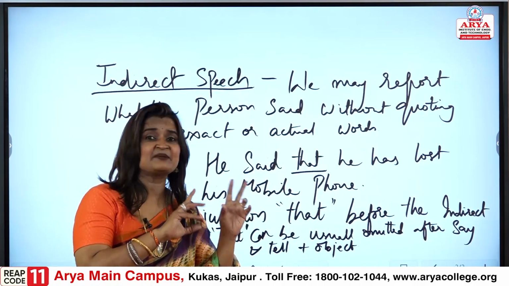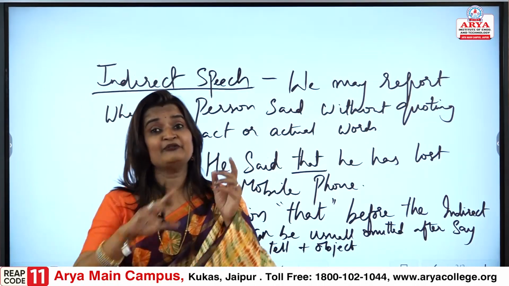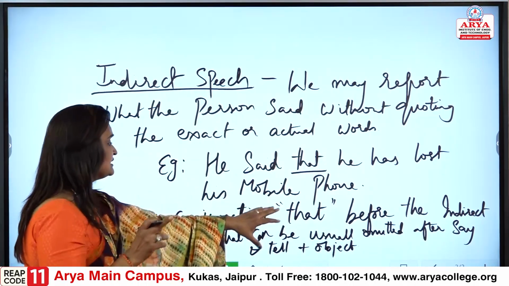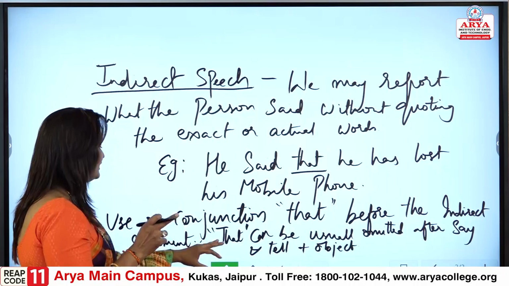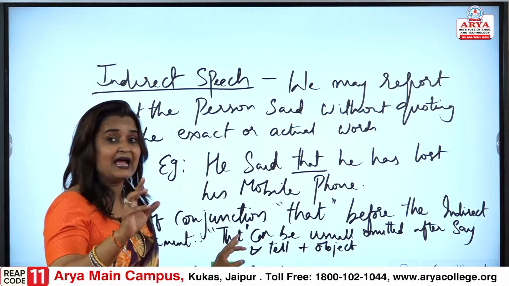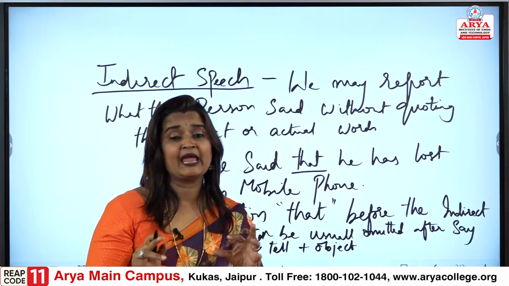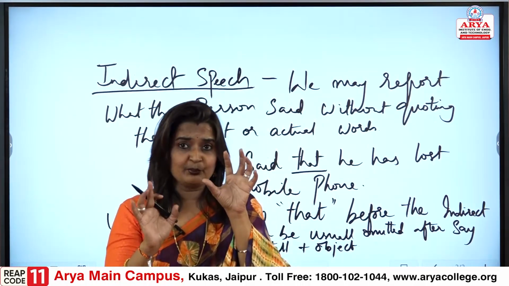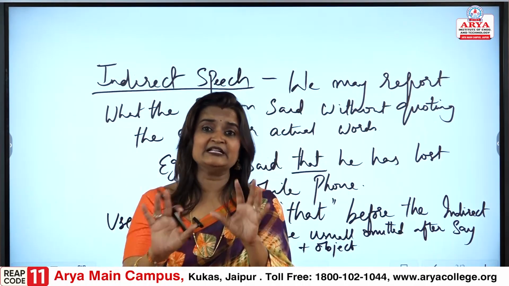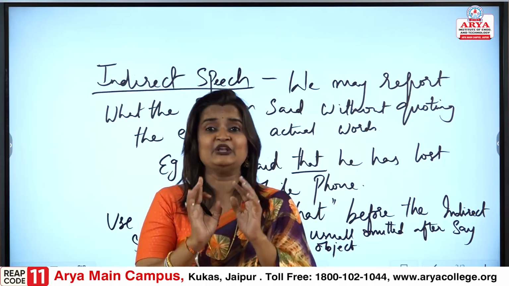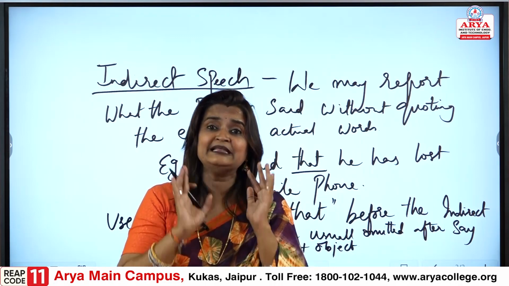In the direct statement we were not using "that", but for the indirect statement we need to use the conjunction "that" before it, and "that" can usually be omitted. Okay, we can omit it, it is not compulsory, but again there are some rules that we need to follow if we want to omit "that".